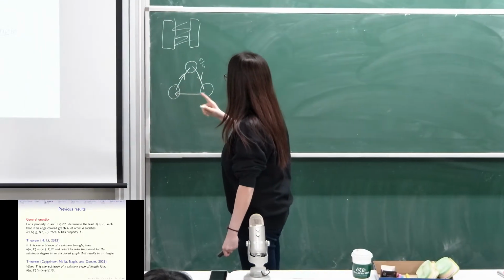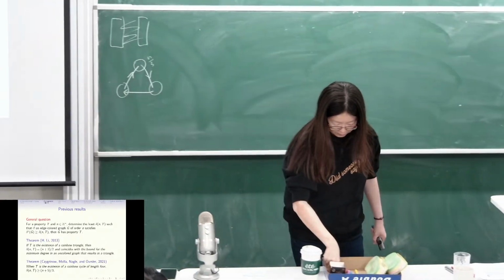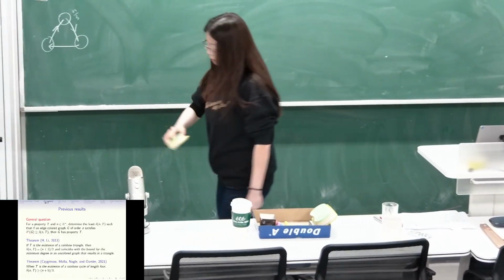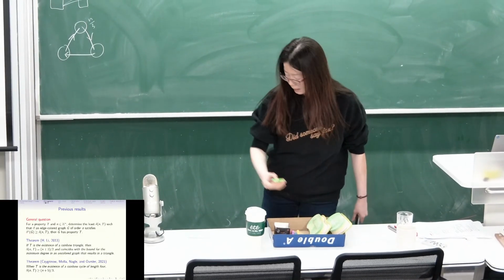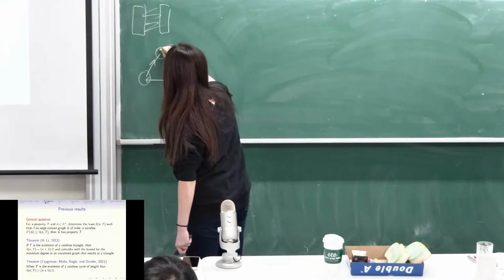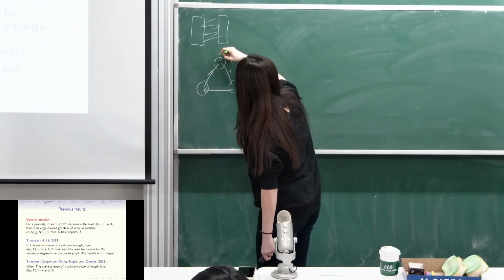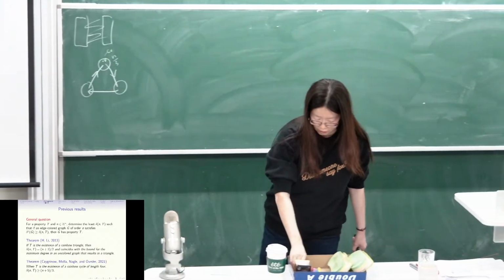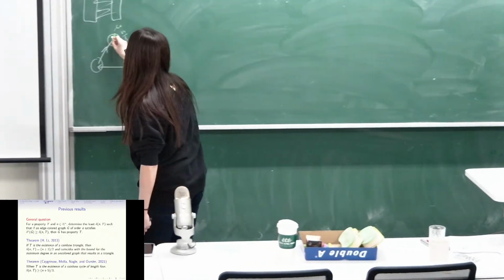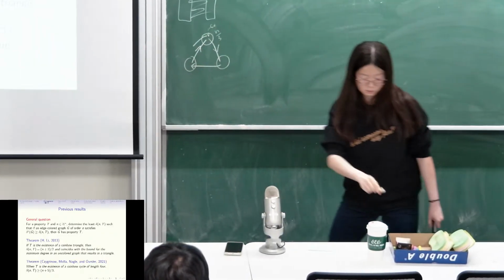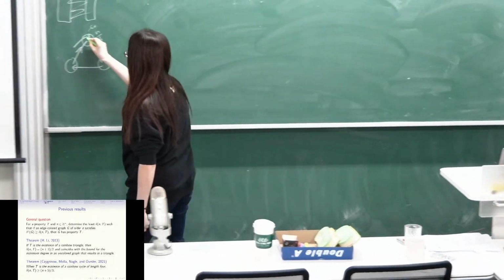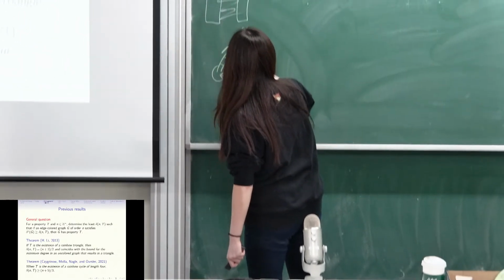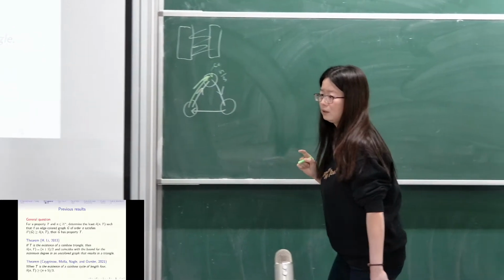Now we consider a canonical coloring where we give each vertex, say this is vertex V, a color called CV. And then we color all the edges pointing to V in the color CV.